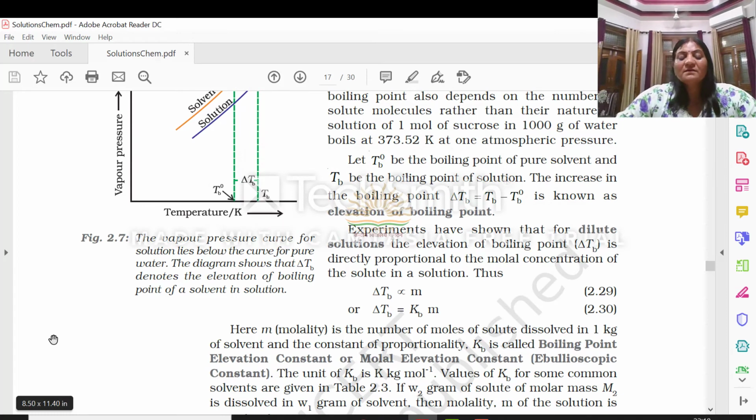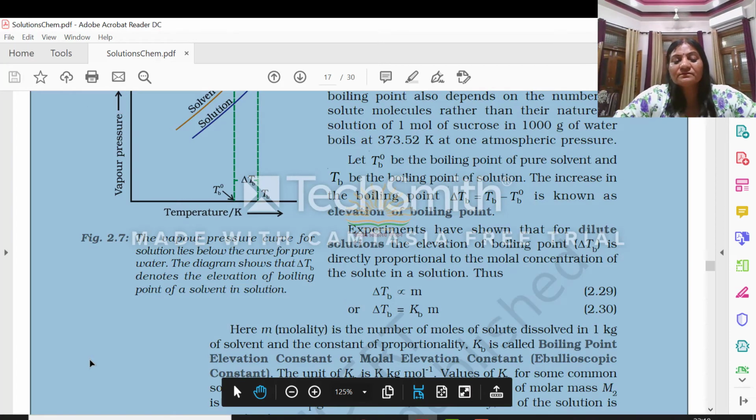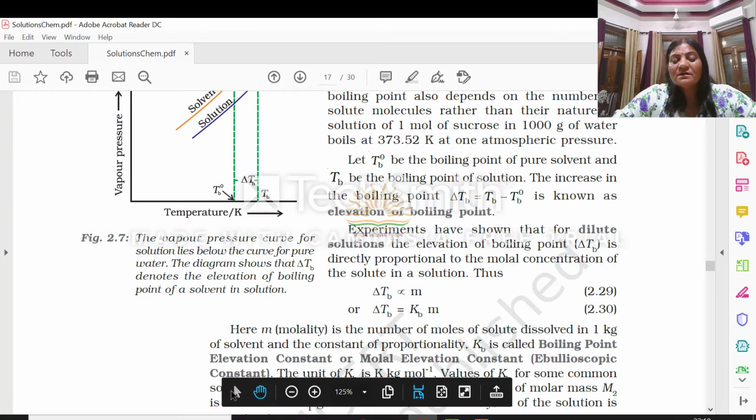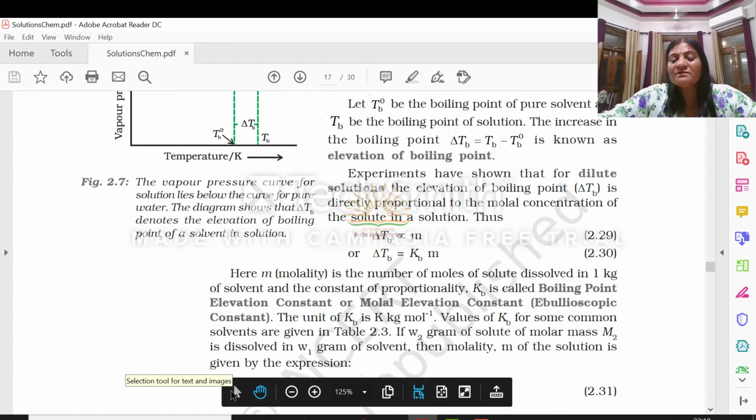Again, delta Tb is directly proportional to the molality of the solution. For the proportionality, we have a constant. That constant is Kb, which is called the boiling point elevation constant, molal elevation constant, or ebullioscopic constant.